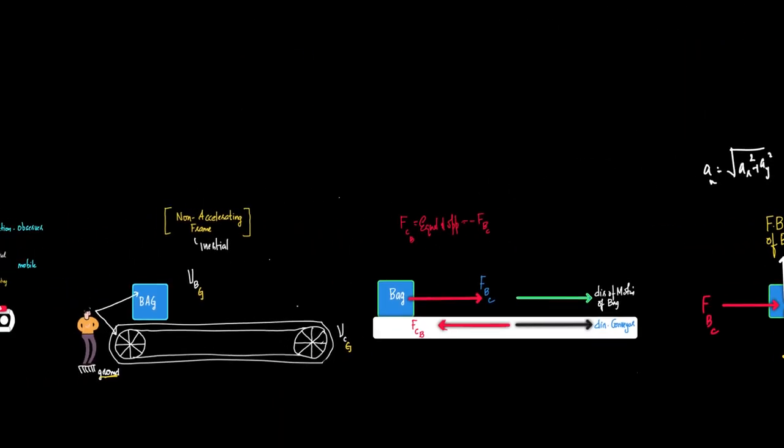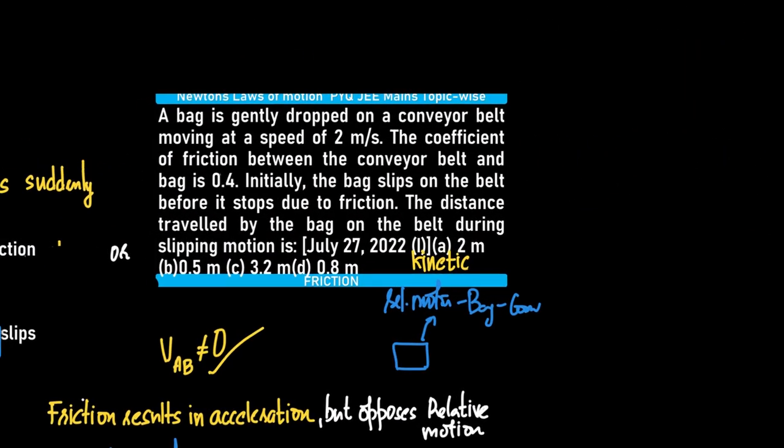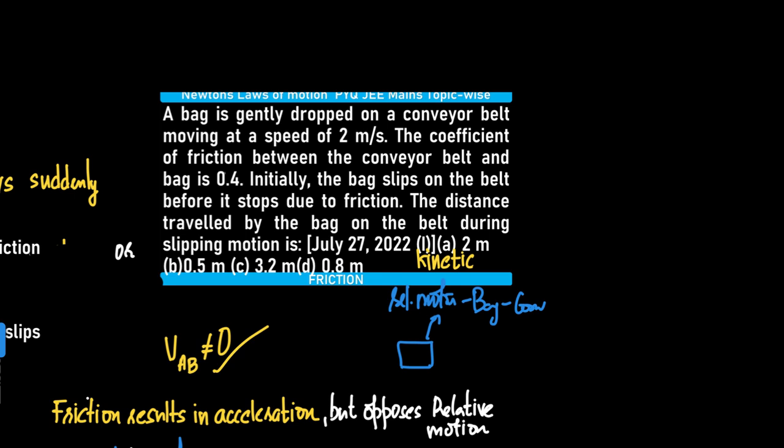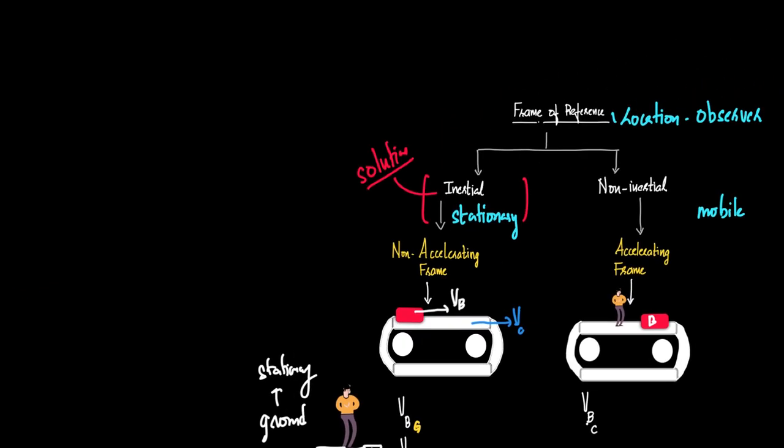Very good. See, these kind of questions make you think, because initially, the bag slips on the belt before it stops due to friction. So it does stop due to friction. Now, when it stops due to friction while moving on a conveyor belt, what can we say about the velocity?